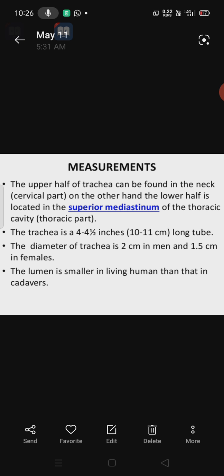Okay. The lumen is smaller in living humans than in cadavers. As compared to cadavers, living human beings have a smaller lumen, which we can call the cavity present in the trachea.